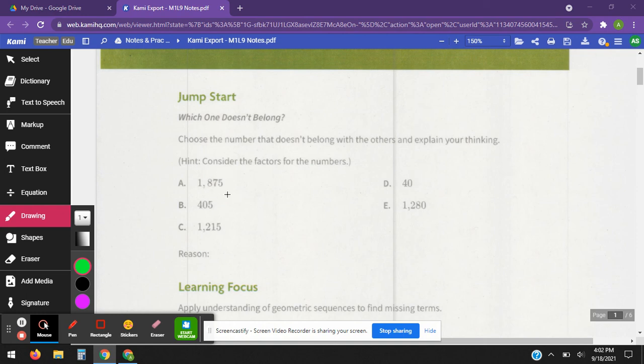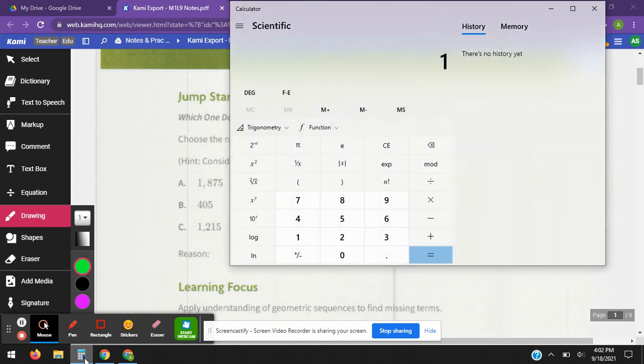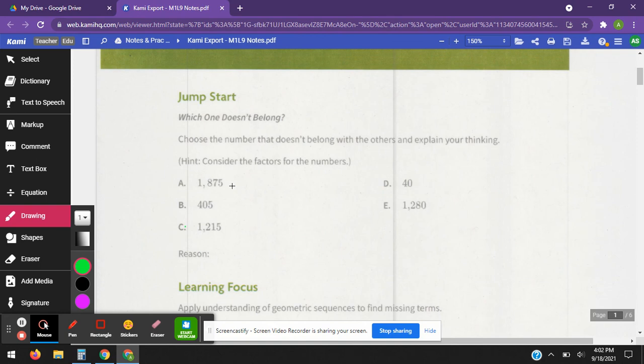So I see this first one ends in a 5. So if I take 1875 and I divide by 5, I get 375. So I'm going to go back over here and write in 5 times. Let's just keep going down.